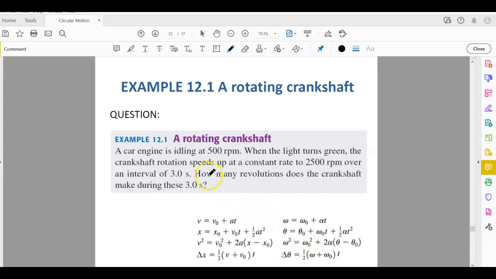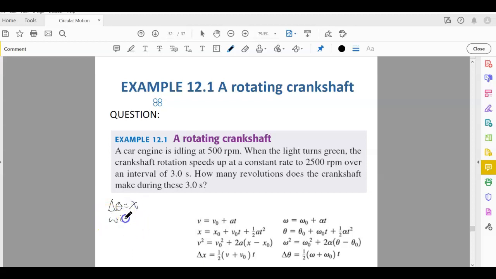Well, to do this, we have omega initial, we have omega final, over the period of 3 seconds. We don't have angular acceleration, and they want delta theta, right? So we're going to make a quick list of what we have. Don't have delta theta.